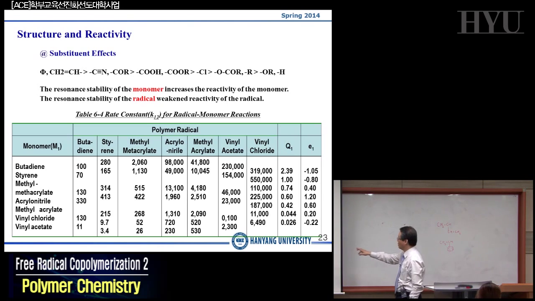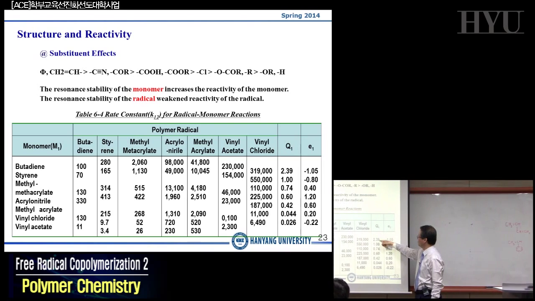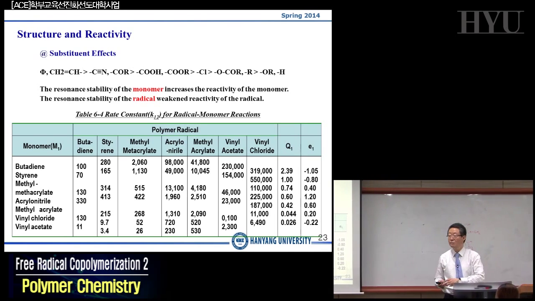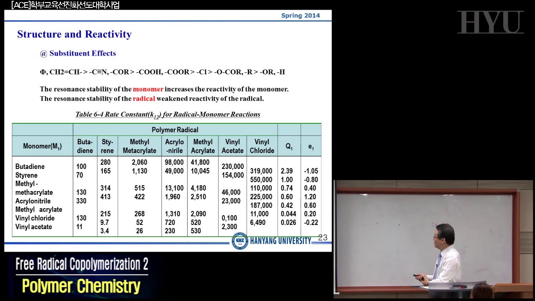In the last two columns, I have two values, Q1 and E1. Q1 is the resonance stabilization effect. Okay, Q1 is a resonance stabilization effect.